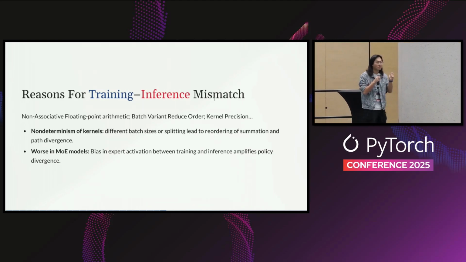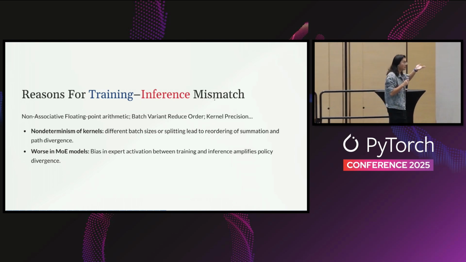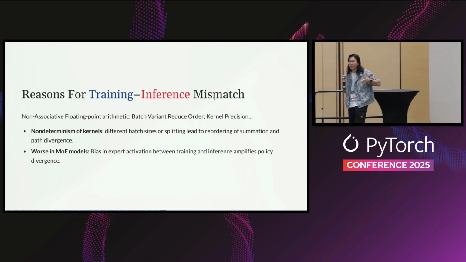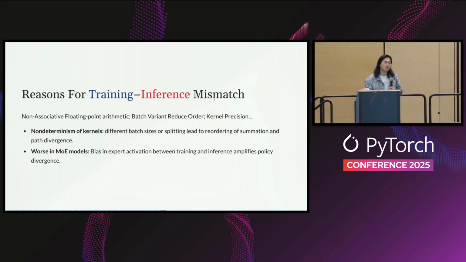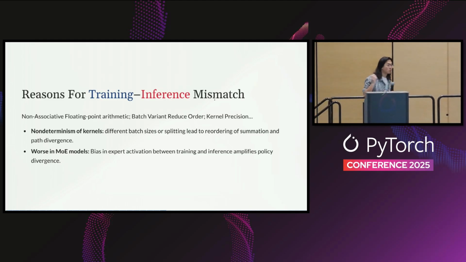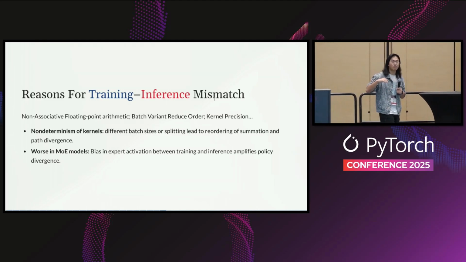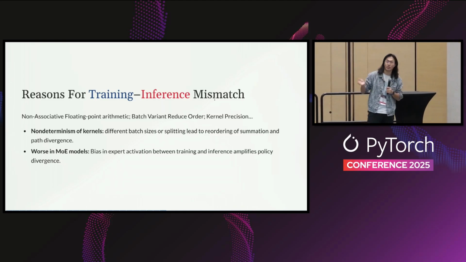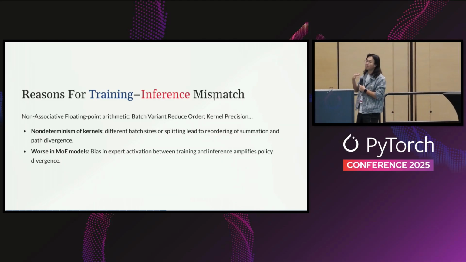So there may be slight differences in expert selection, and layer by layer this introduces another kind of training-inference mismatch. That's the result of training-inference mismatch and its behavior. After describing this, we found that it's a pure system problem, because our kernels are not aligned between training and inference.